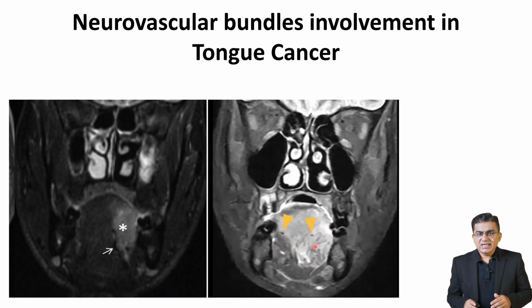Let us look at exactly how we see this on MRI using a real patient example. This image shows a coronal stir MRI sequence showing the tumor invading sublingual space lateral to this lingual artery, suggesting invasion of lingual and hypoglossal nerves which are located lateral to the artery. You can see artery here.